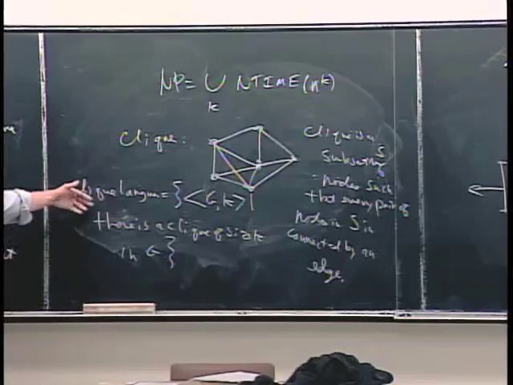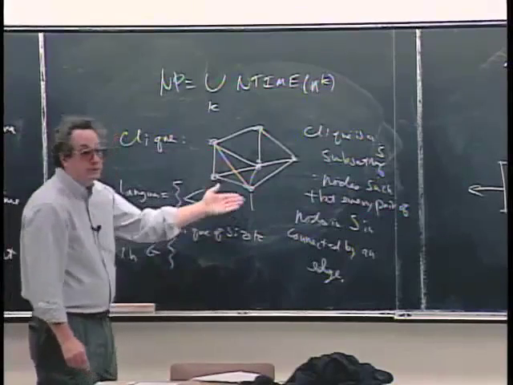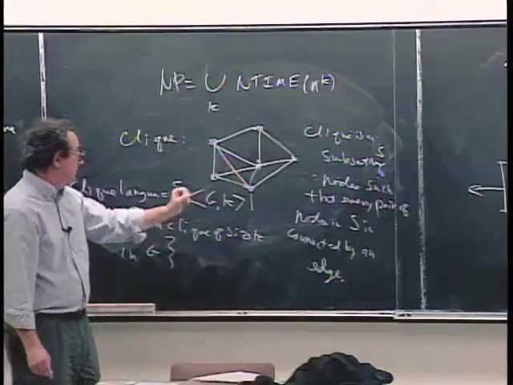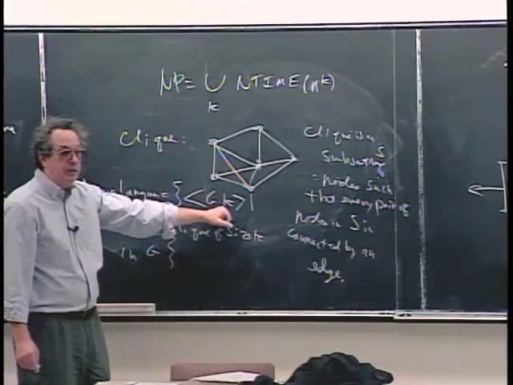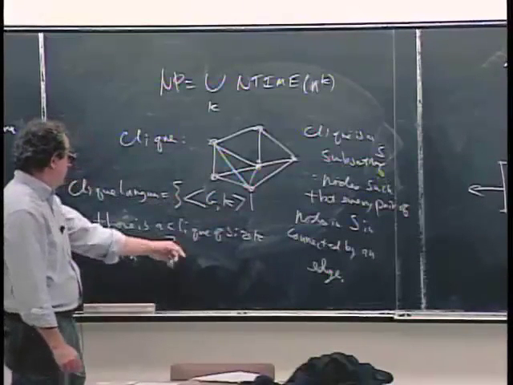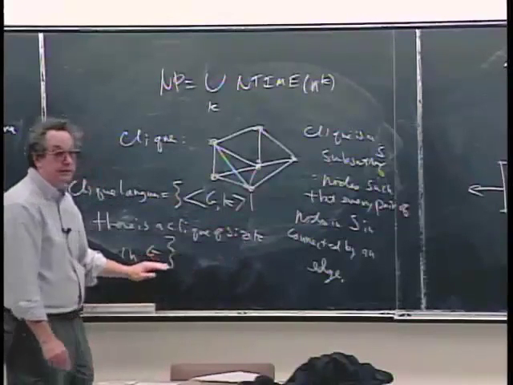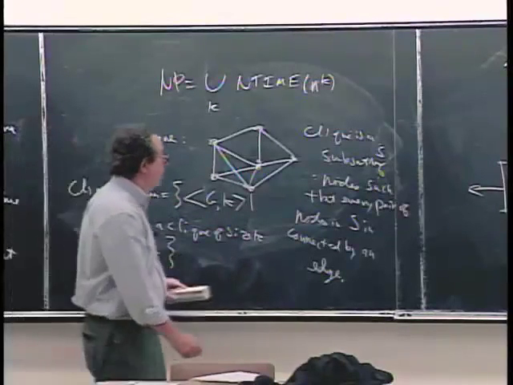So the members of this language Clique consist of a description of a graph and a particular number K, and that pair is in that language if and only if there's actually a clique of size K inside the graph.